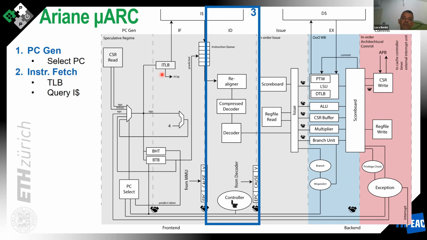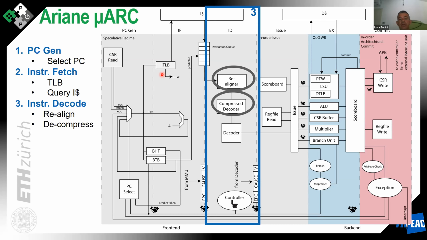You need to do the decoding of the compressed instructions, which leads to an expansion of the compressed instructions, and then you have the decoder of the 32-bit instructions that leads to the decoded instruction. You also see that in this stage, we perform the proper decode after the realignment and the decompression.